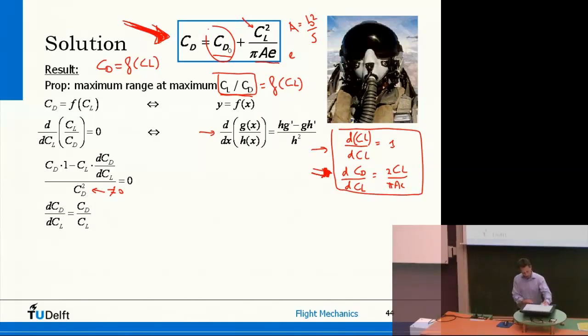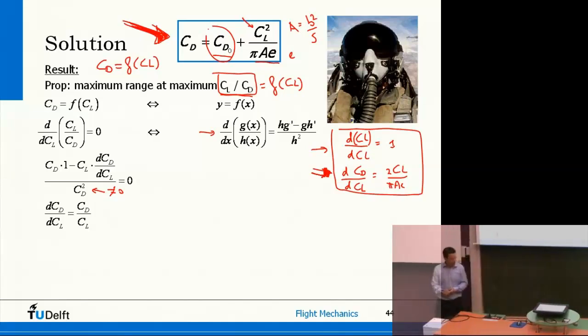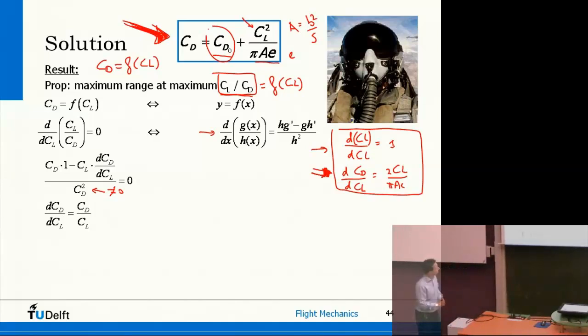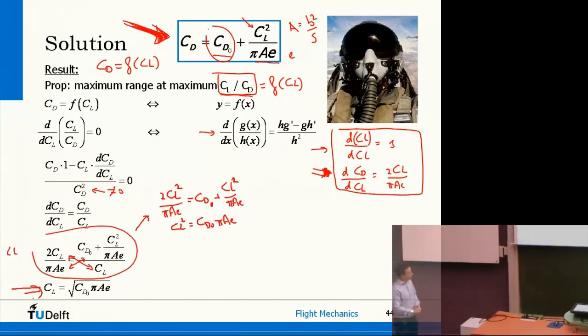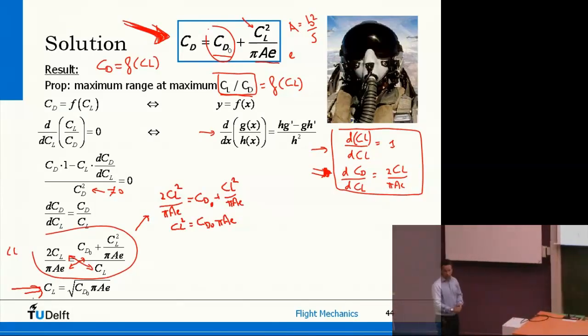So CL squared is CD0 pi AE, and therefore we find CL is the square root of CD0 pi A and E. That's very nice, because CD0, pi, A and E, they're all constants.